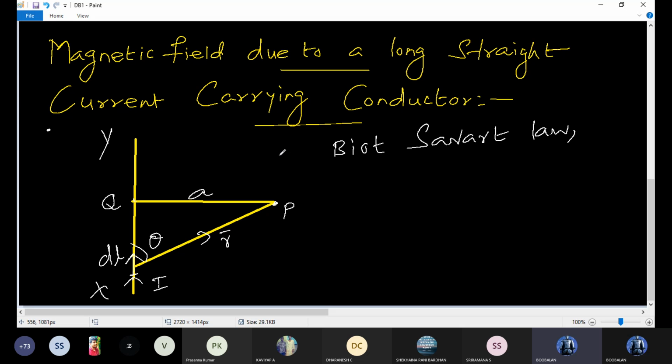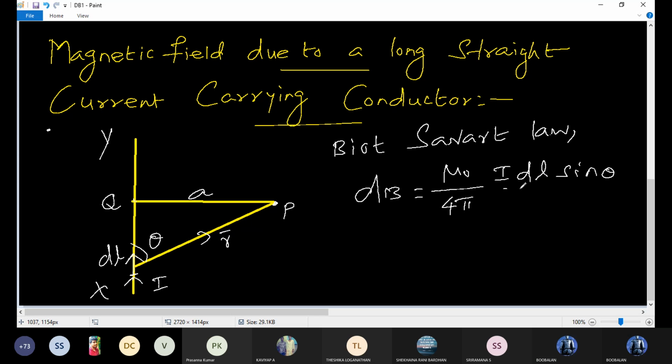Desika, what is the formula, ma? Sir, dB is equal to mu naught by 4 pi I dl sin theta by r square. Good. So dB equal to mu naught divided by 4 pi I dl sin theta divided by r square.